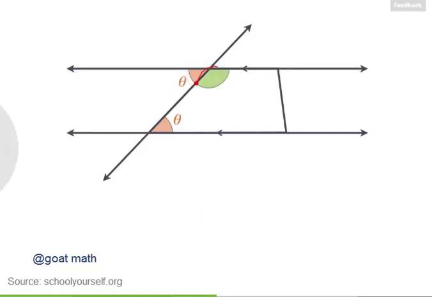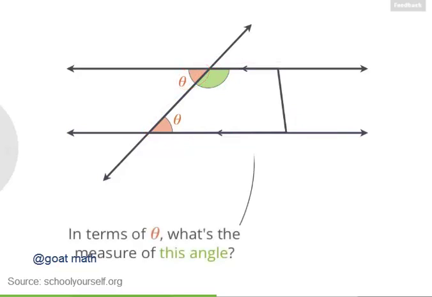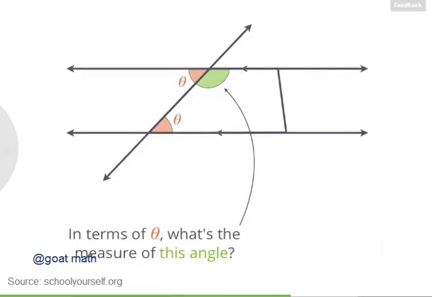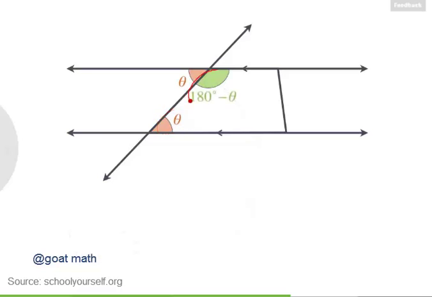So now take a look at this green angle, which is also inside our original trapezoid. This green angle is supplementary to this angle over here, which has measure theta. So in terms of theta, what's the measure of this green angle? Excellent. So whatever measure theta this angle might have, this angle up here will always have measure 180 degrees minus theta.